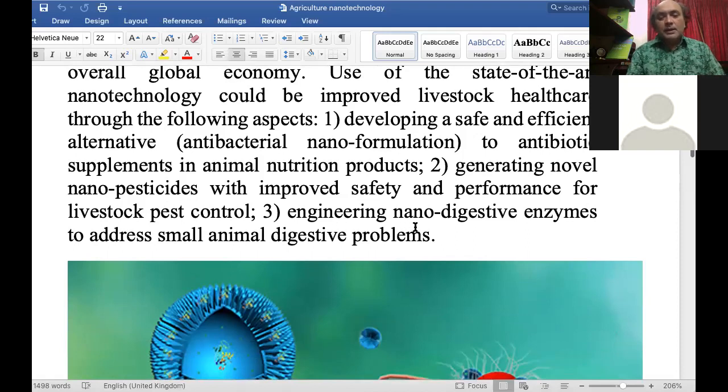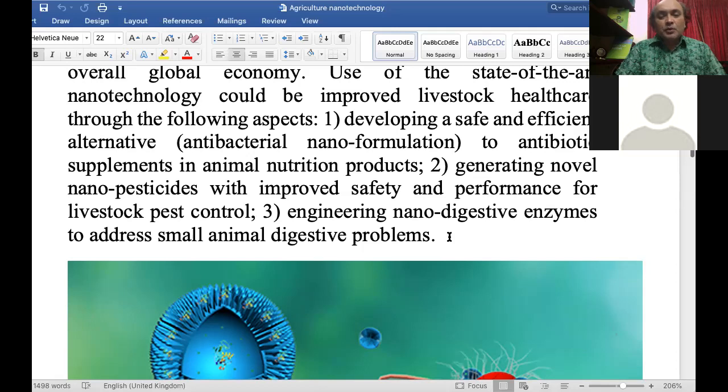Third, engineering nano-digestive enzymes to address small animal digestive problems. Not only livestock, all mammals have a big problem with digestion.